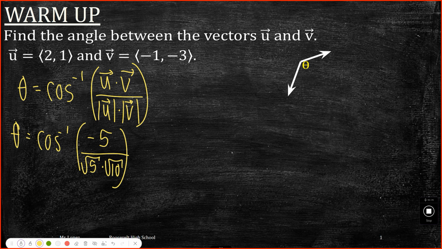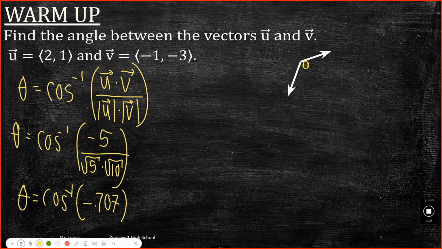You do it your own way, if you get it and you don't mess it up. Then divide that by square root of 10. I am getting negative 0.707. And then cosine inverse of that is going to give me approximately the angle.